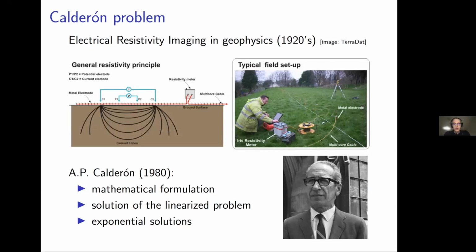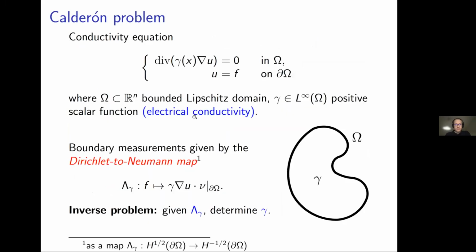And in mathematics, this problem is called the Calderon problem because Alberto Calderon gave a very nice mathematical formulation of this problem, and he solved the linearized version of it. And so the mathematical model would be the conductivity equation. So we have a domain omega, which is the medium that we want to study.